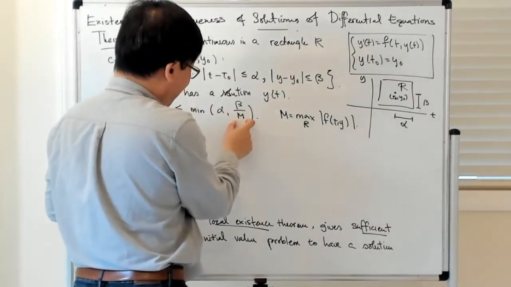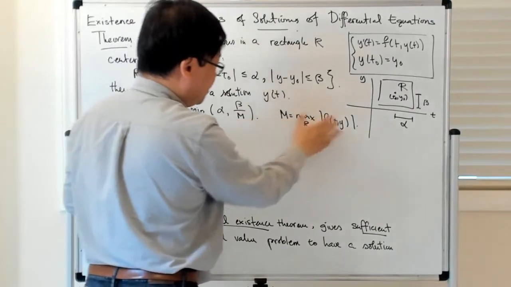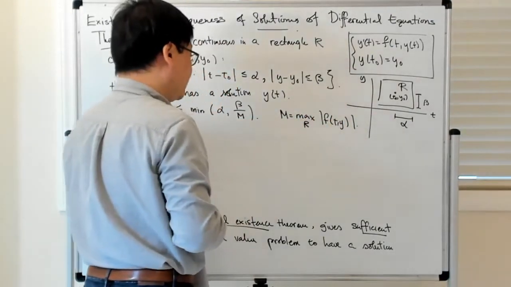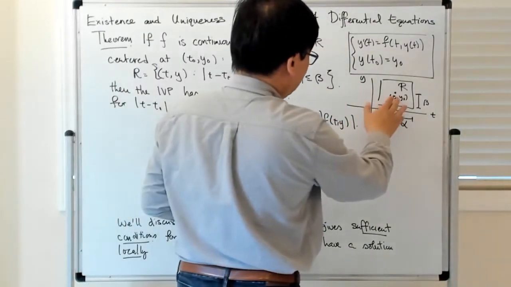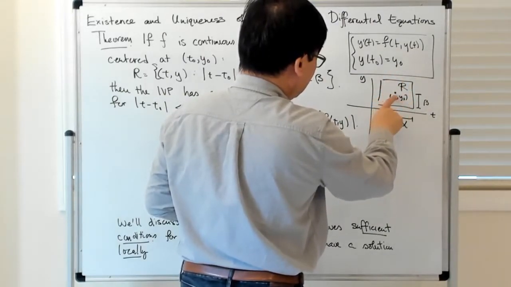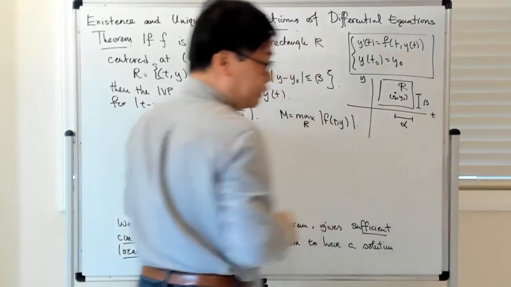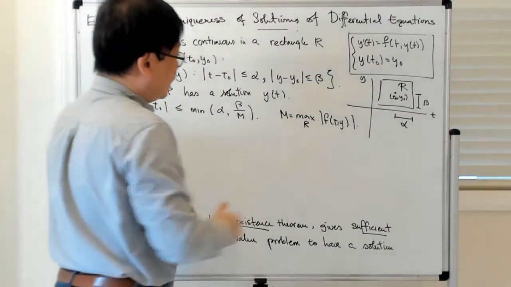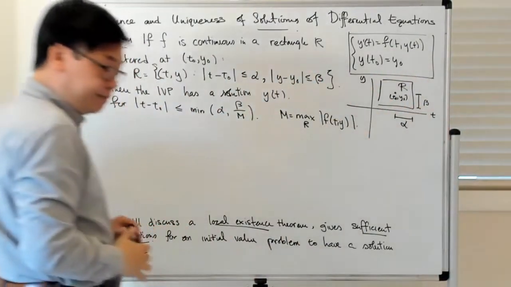Within this time beta divided by m, where m is the maximum velocity in absolute value, you know that you can't go further from y0 than the boundary of this rectangle in this position sense.